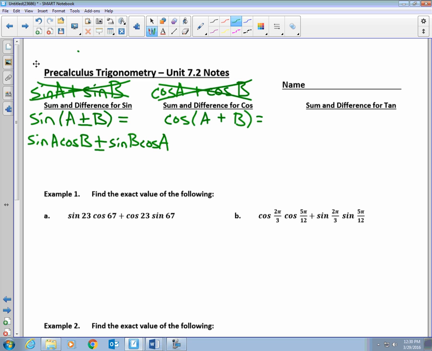So what this is equal to is the cosine of angle A times the cosine of angle B. And instead of plus, it switches to minus. Sine of angle A, sine of angle B. Exactly. So suppose it was minus here, then it would be plus down there.